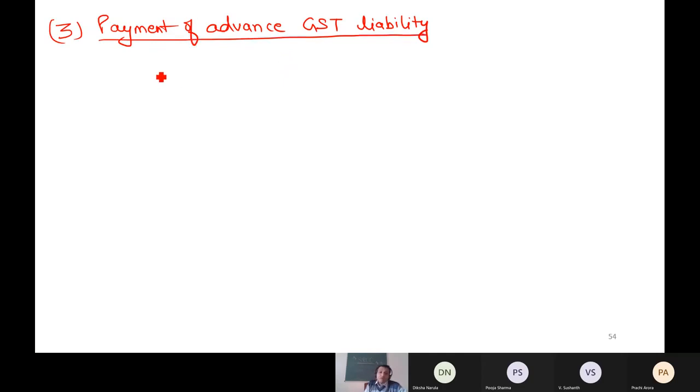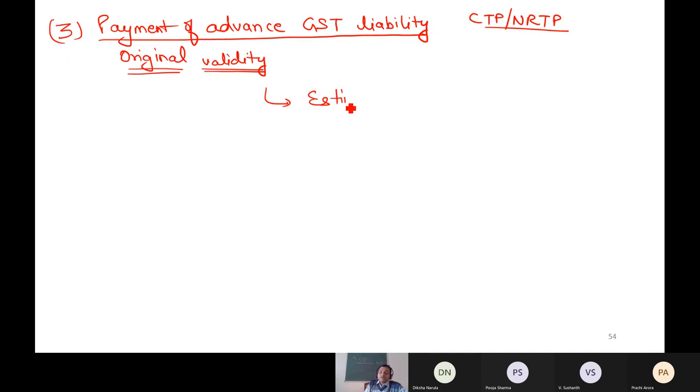So, for example, this is my original validity. What I should do, whether as a casual taxable person or non-resident taxable person, is estimate my GST liability.